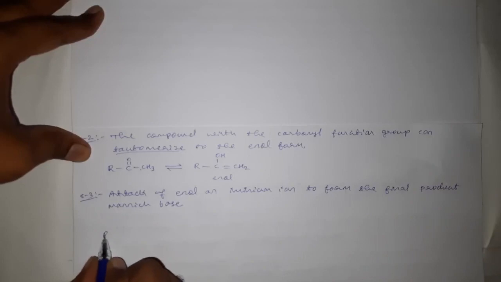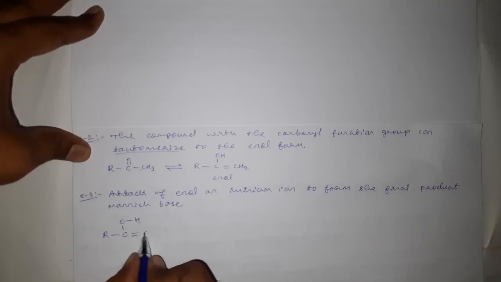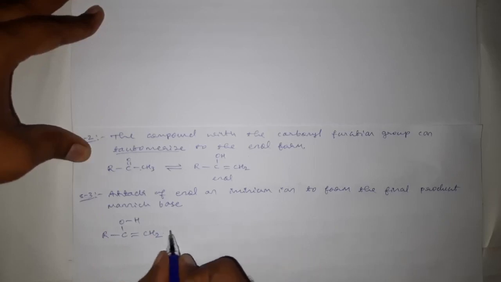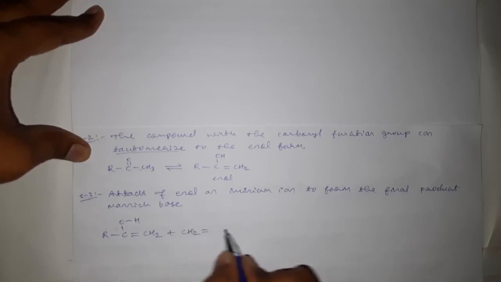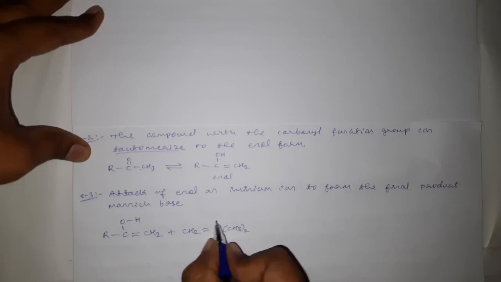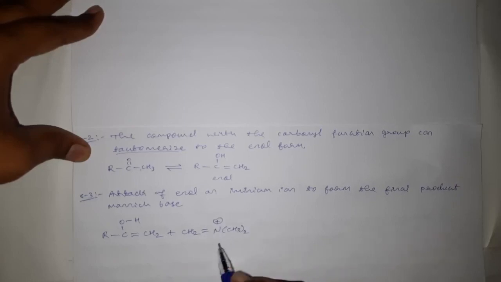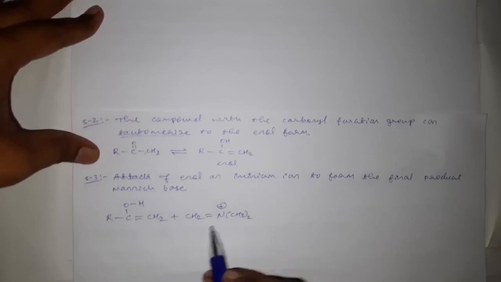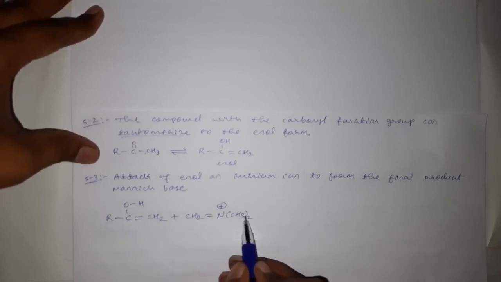See, RCOH double bond CH2 plus CH2 double bond N(CH3)2. I am writing the iminium ion like this. Okay, CH2 double bond N(CH3)2.